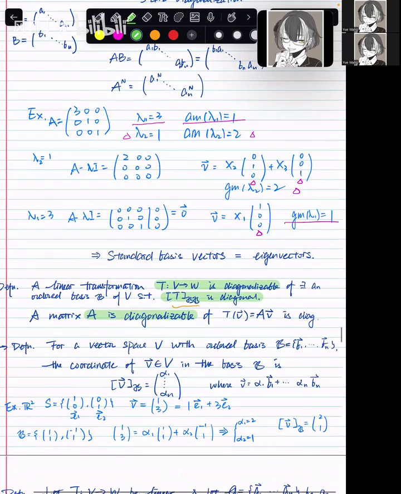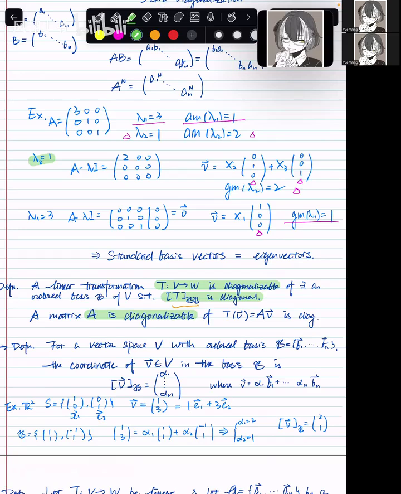When lambda 2 equals 1, we can compute the eigenvectors so that we can know the geometric multiplicity. We find the matrix A minus lambda I, and we compute the vectors to be 0, 1, 0 and 0, 0, 1. That means we have two eigenvectors, so the geometric multiplicity of lambda 2 is 2.